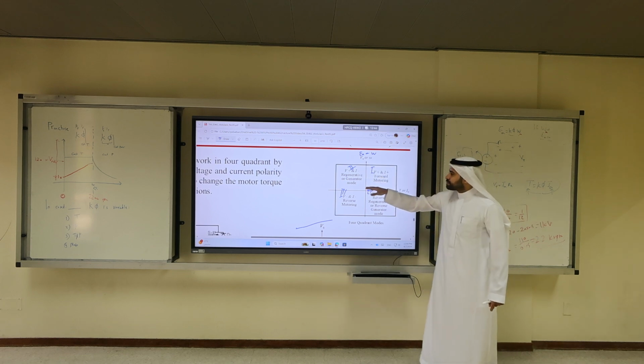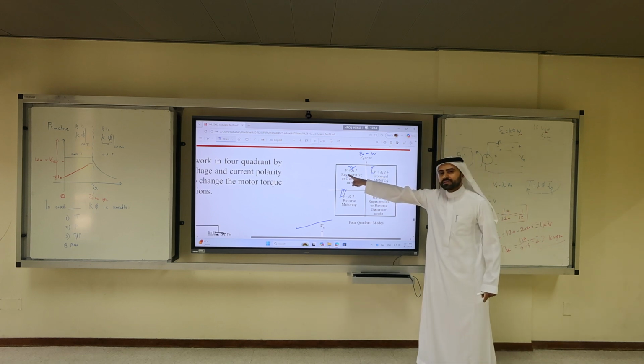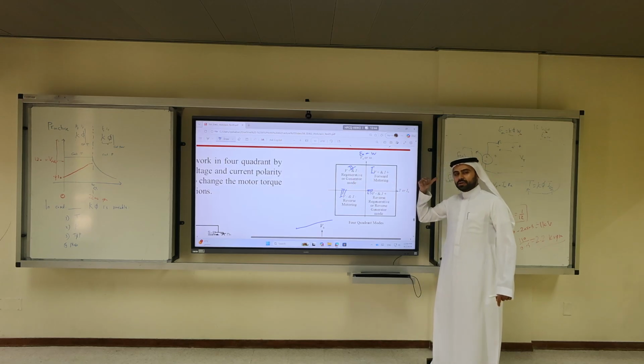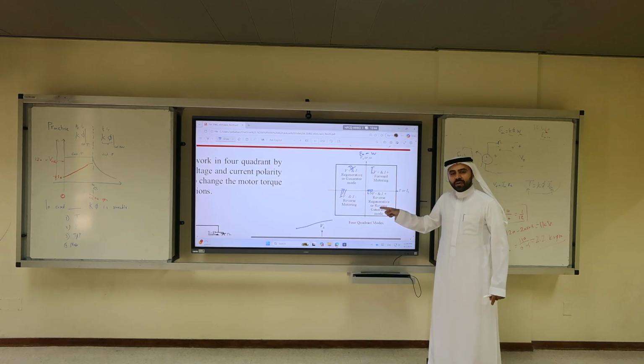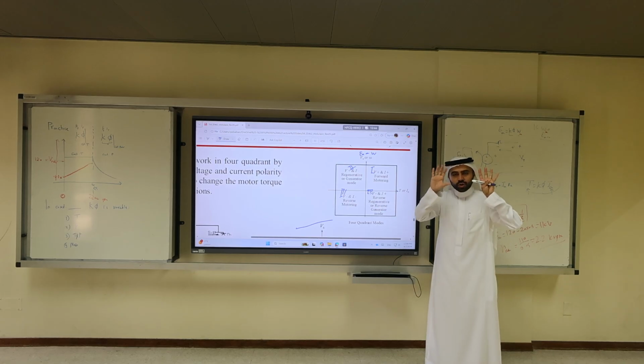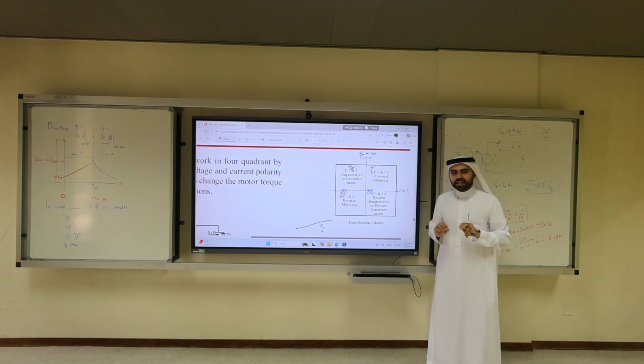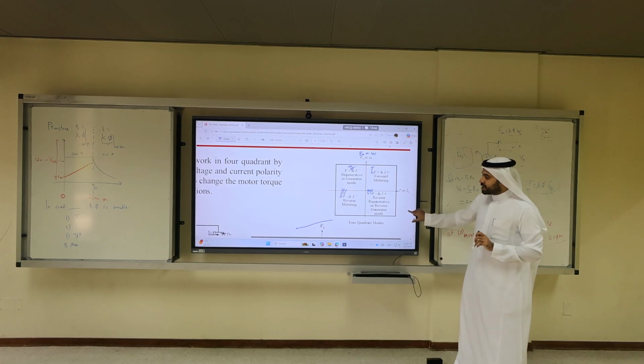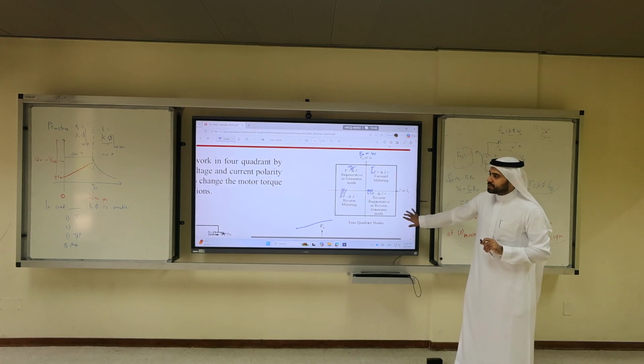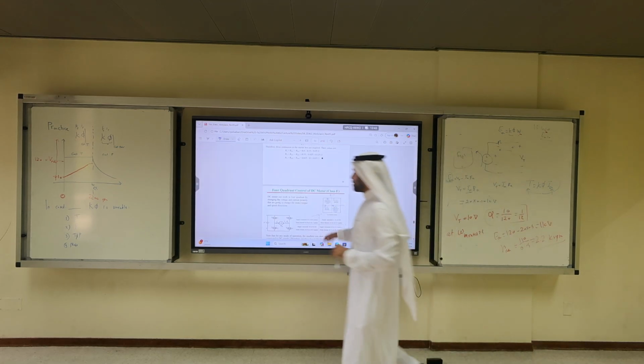For example, the speed is negative and the torque is positive, or here the torque is negative and the speed is positive. From a mechanical perspective, you look at torque and omega. From an electrical perspective, for Class E motors, you look at voltage and current. This is very important in the test. They're going to ask questions about it.